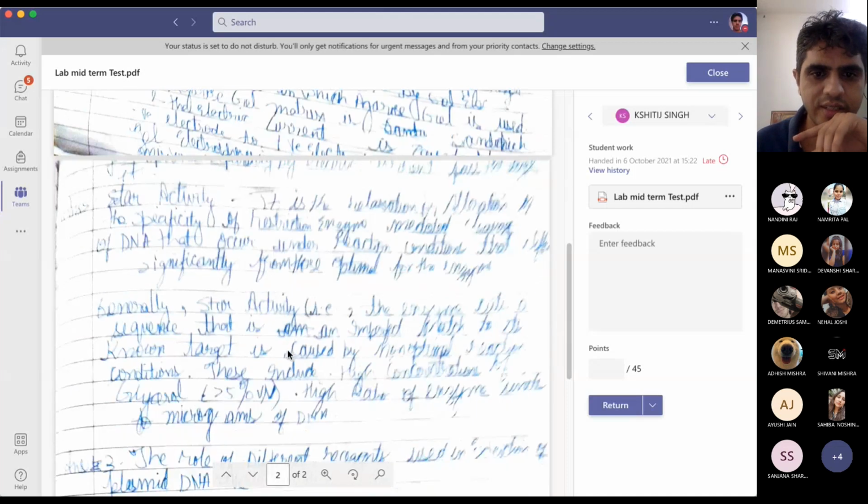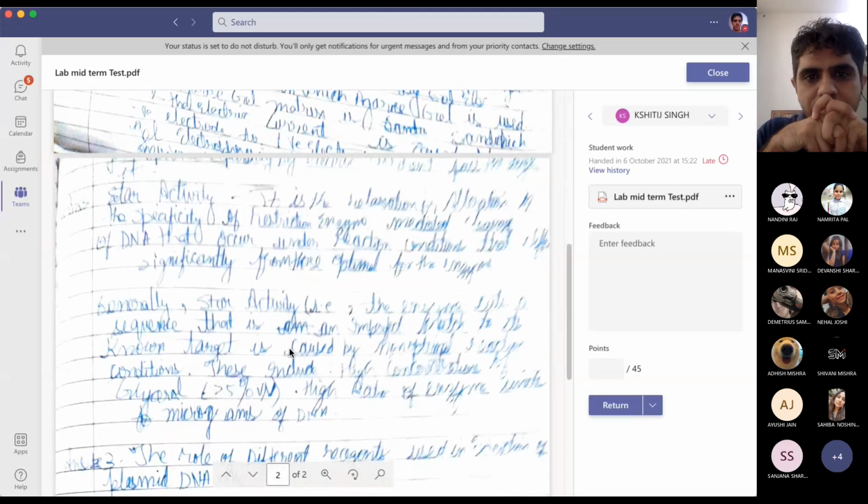Okay, so next let's go to star activity. Read what is written for star activity. So it is the relaxation or alleviation of the specificity of restriction enzyme mediated cleavage of DNA that occurs under reaction conditions that differ significantly from those optimal for the enzyme.